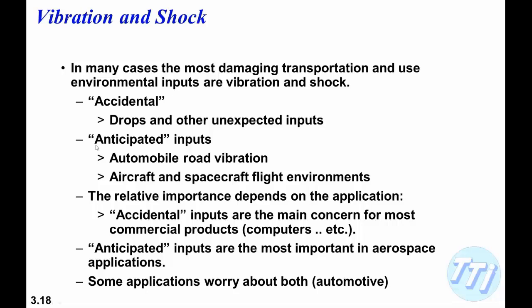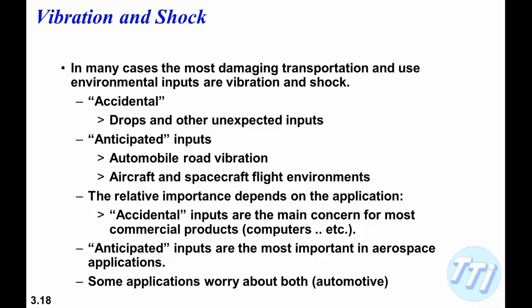Another one is anticipated inputs. Automotive road vibration is fairly easy to characterize for specific cases, and one of the examples here is a Belgian block road where you might drive your car over a bunch of bumps and then simulate that excitation on a shaker later in your laboratory.